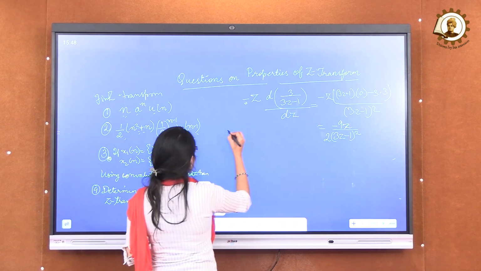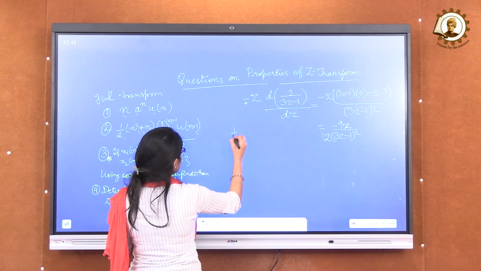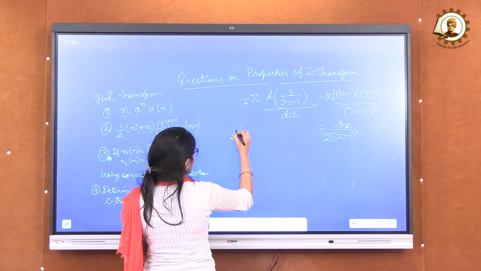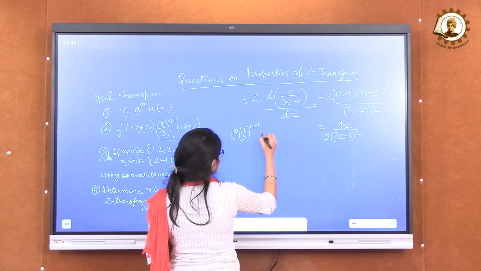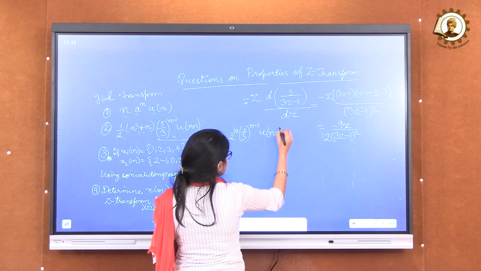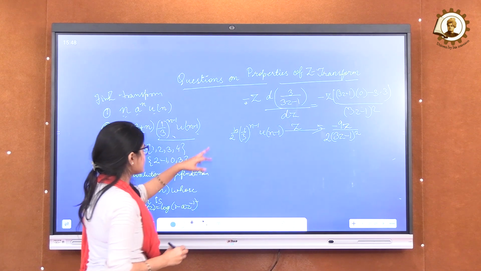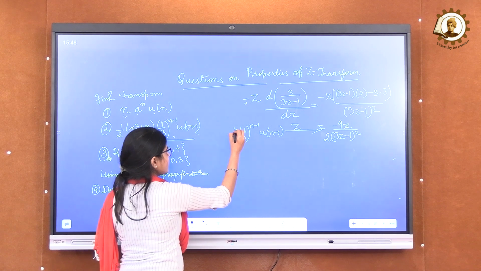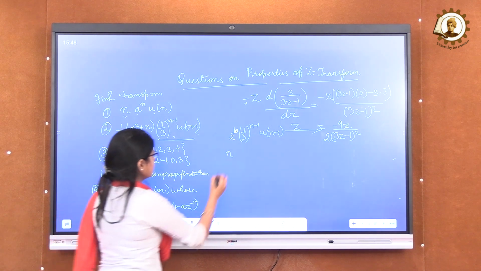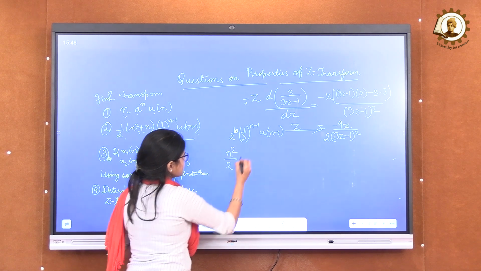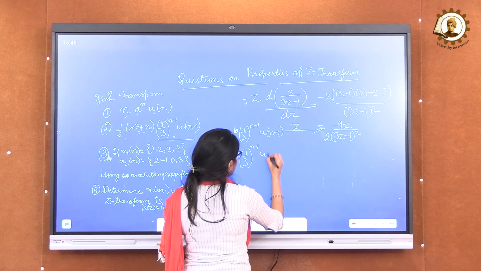This is the Z transform of 1 by 2 into n, 1 by 3 to the power n minus 1, u of n minus 1. Now the simple thing is that instead of this n, there is n square. So you have to differentiate it 2 times. That's it, nothing new.